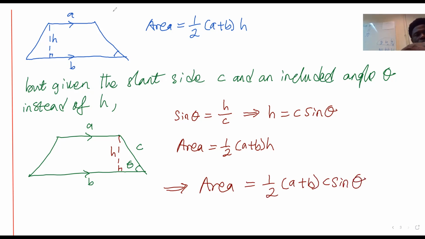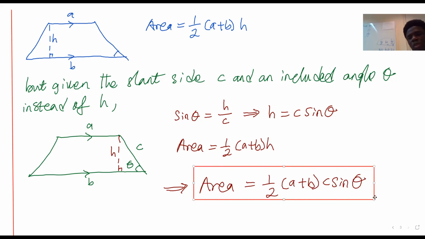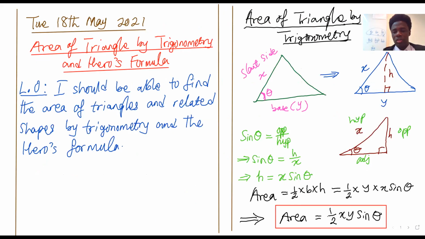So you will notice that whenever the slant side is given instead, it replaces the h. The product of the slant side and the sine of the included angle replaces the h. What do I mean by that? Let's see. The first one, we have x sine theta.